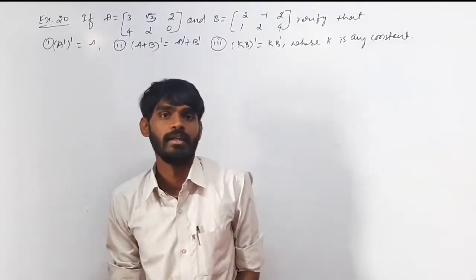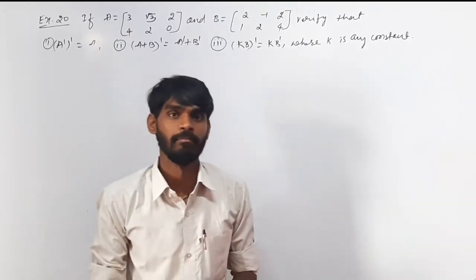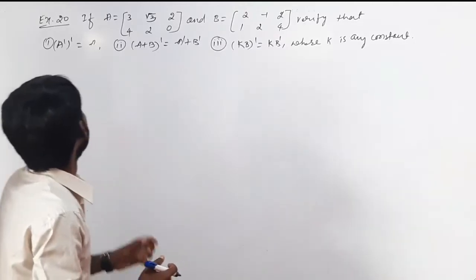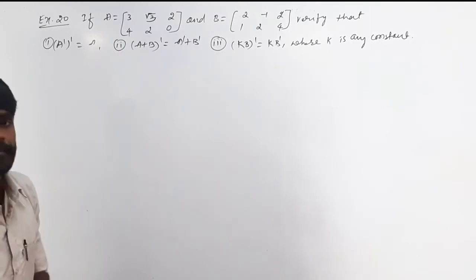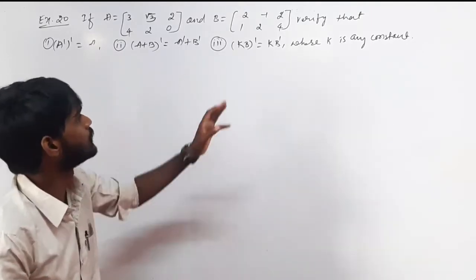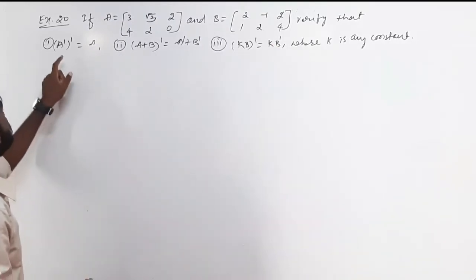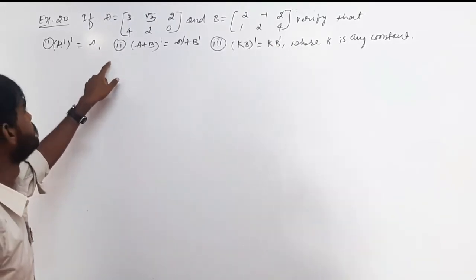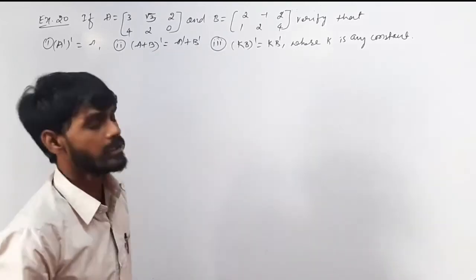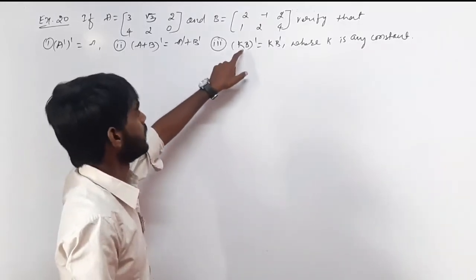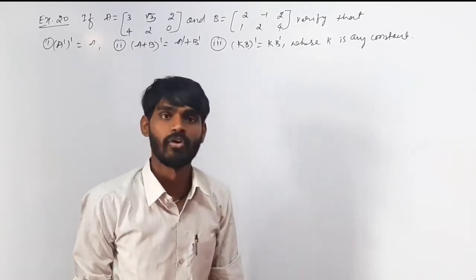Okay students, let us discuss example number 20 based on the transpose of a matrix. Look at here, if A is a matrix whose order is 2 cross 3 and B is a matrix whose order is the same, that is 2 cross 3, verify that (A dash) whole dash is equal to A, (A plus B) whole dash is equal to A dash plus B dash, and the third one will be (KB) whole dash, where K is a constant, is equal to K into B dash, where K is a constant.